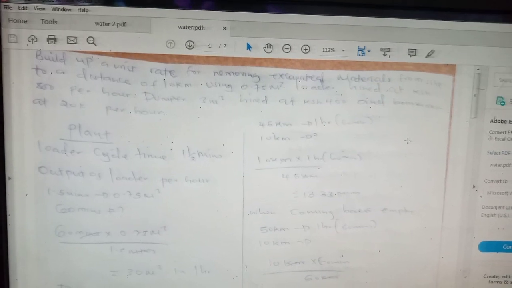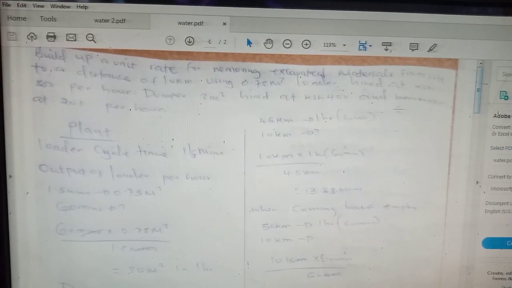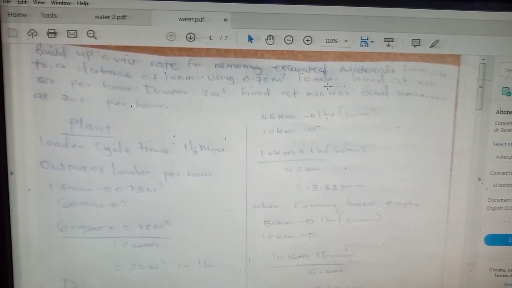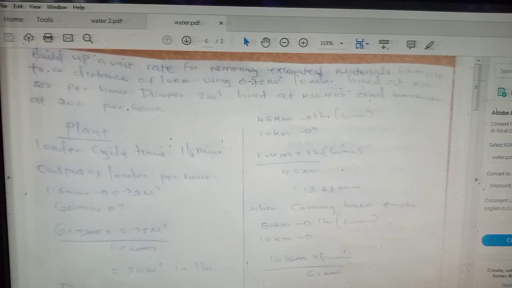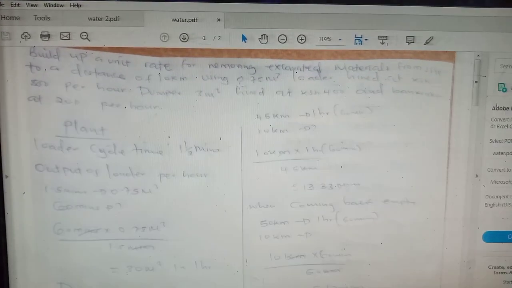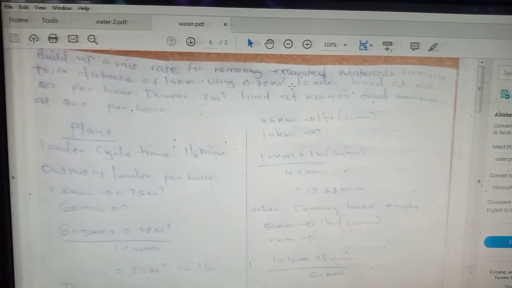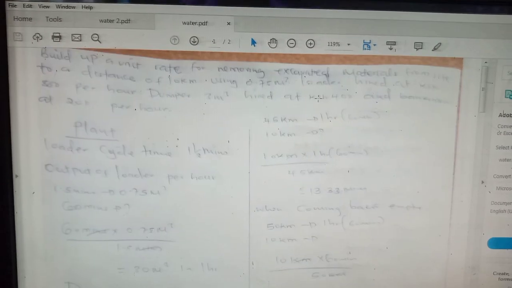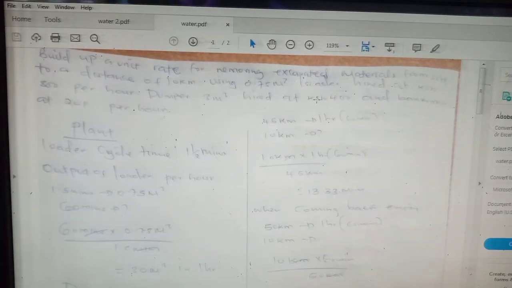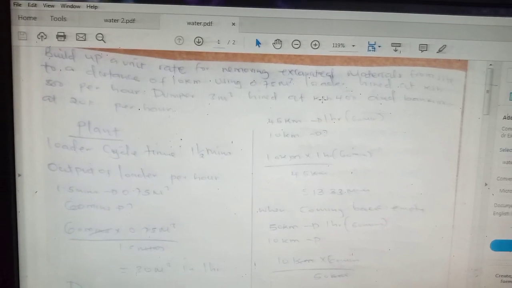So the first thing that we will do, because the data is inside the question, is pick out the data that we will need: the capacity of the loader, the capacity of the damper, the hiring cost of the damper and the loader, plus the banksman who is operating the damper.